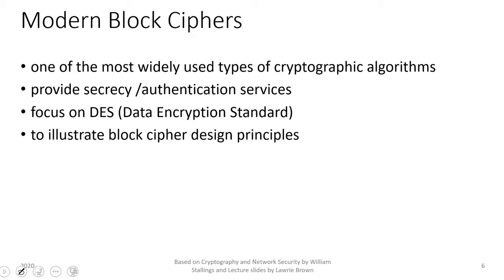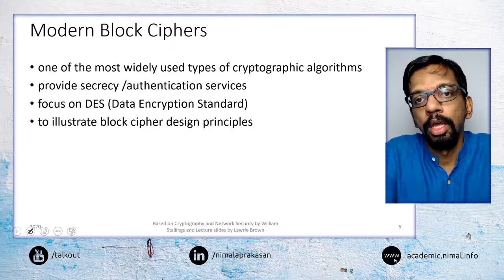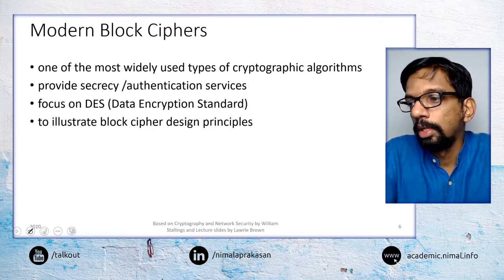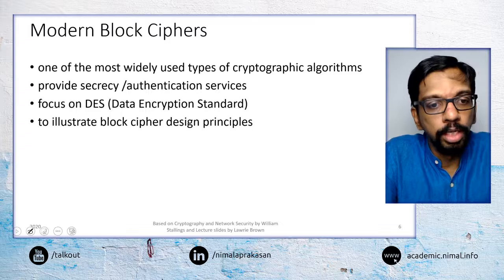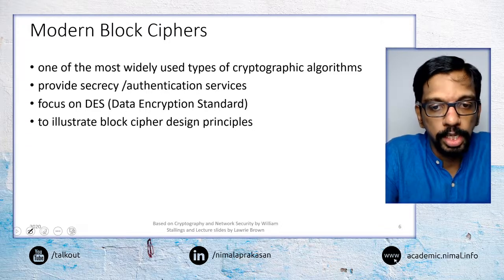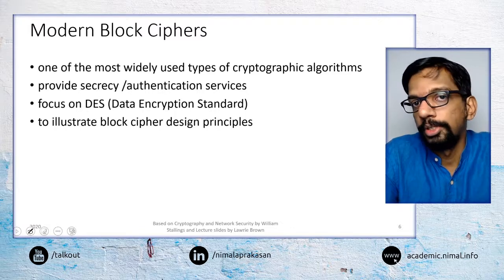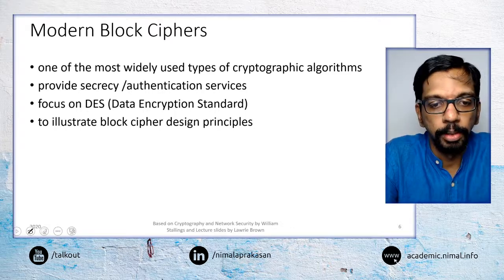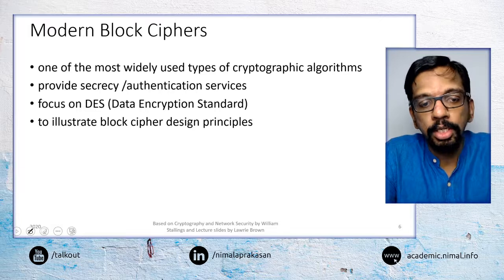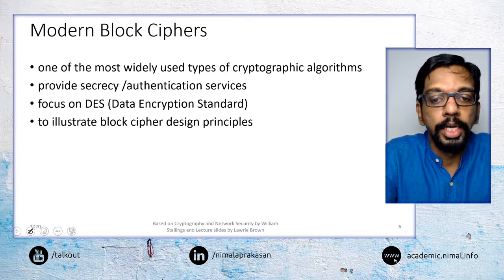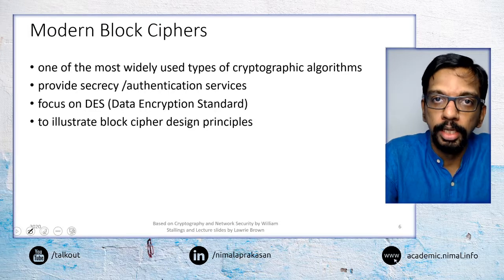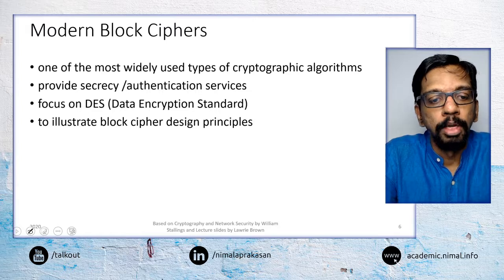When it comes to modern ciphers, as I said, block ciphers are the most commonly used type of cryptographic algorithms. They are mainly used for secrecy and authentication, in building those authentication and secrecy services, some of which we discussed previously as well. In today's lecture, we are going to focus on the Data Encryption Standard, or DES.